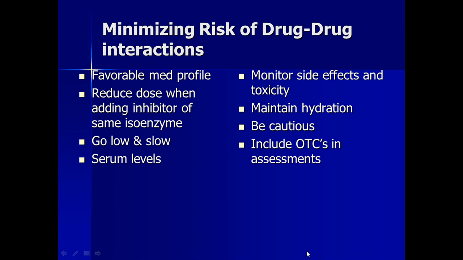And so, minimizing risk of drug-drug interactions, I'm going to let you all read this slide, but I would like you to go down to include over-the-counters in your assessments. There are some over-the-counter medications that could affect the P450 system, but it's very, very important to find out about herbal remedies. They are not regulated by the FDA. Using St. John's wort and Prozac could be lethal.